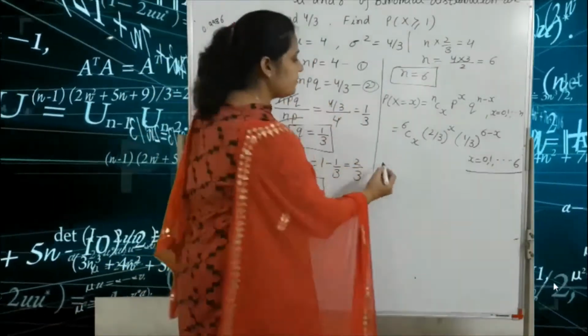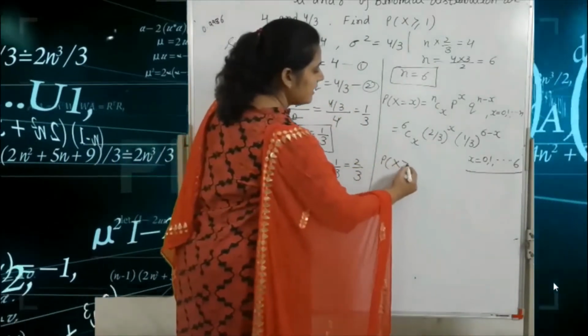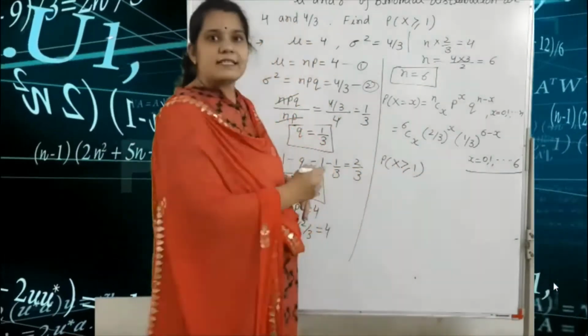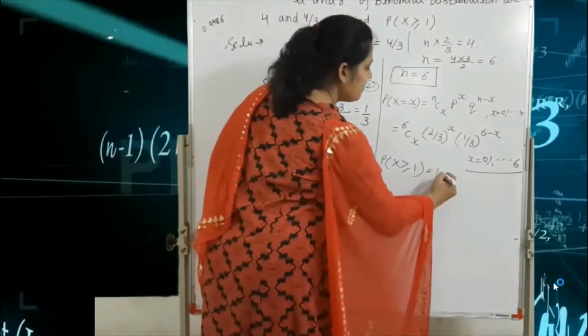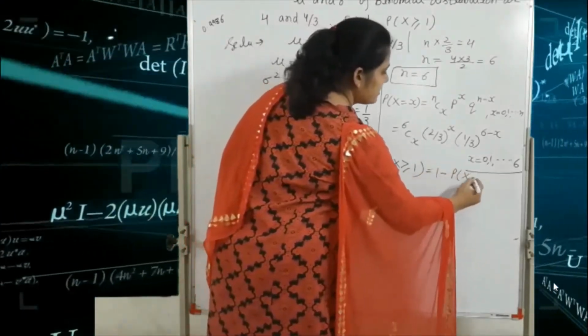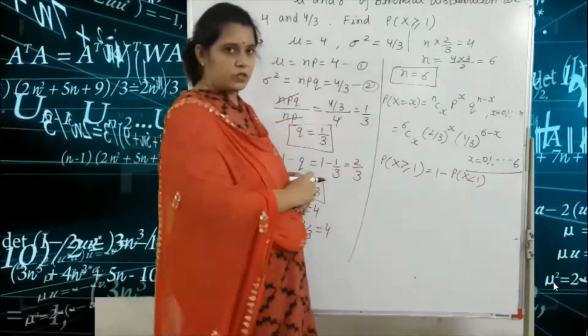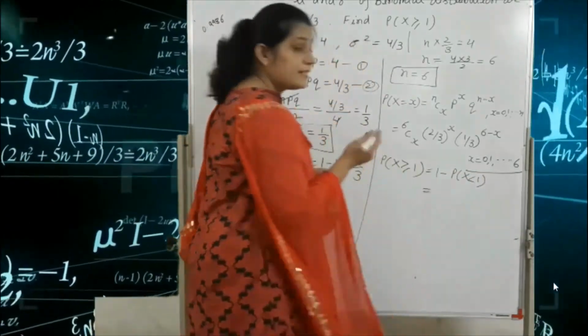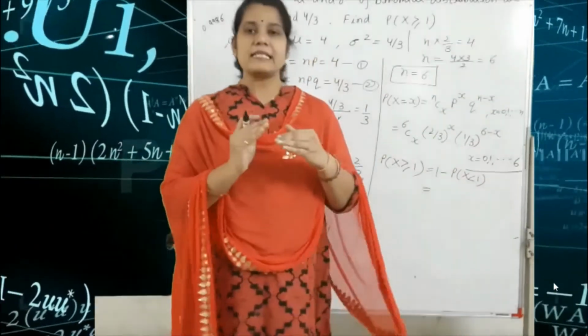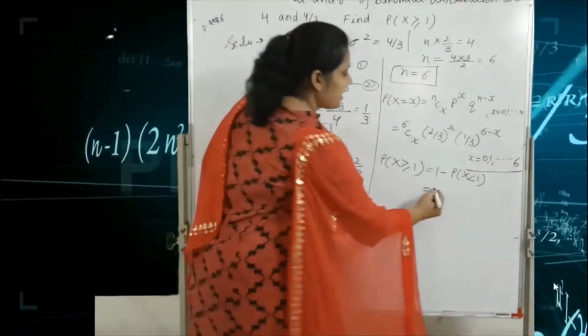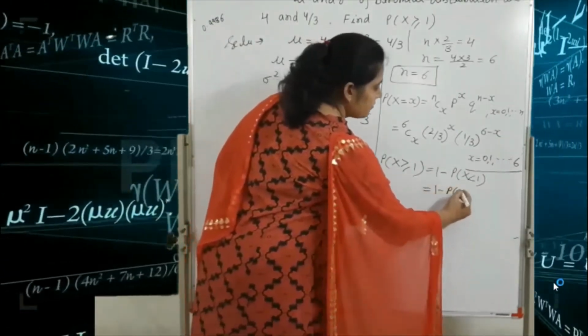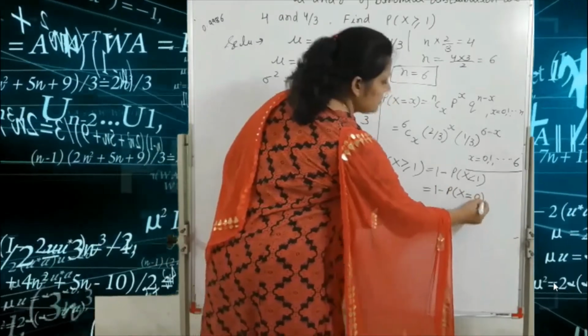Okay, so here we write P(X ≥ 1) is equal to what? 1 minus P(X < 1). So P(X < 1), that means what? P(X = 0). So we write here 1 minus P(X = 0).